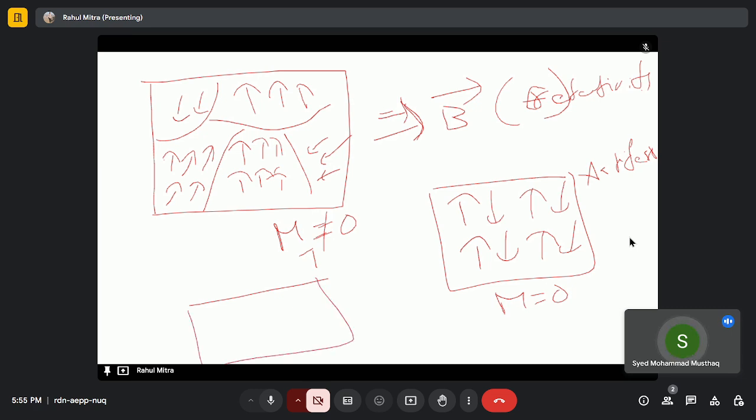Now ferrimagnetism. In ferrimagnetism, we have spins with equal and opposite directions, but the magnetic moments of the spins in one direction are not equal to those in the other. Let me write it.